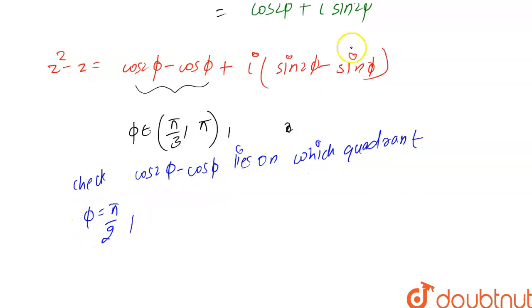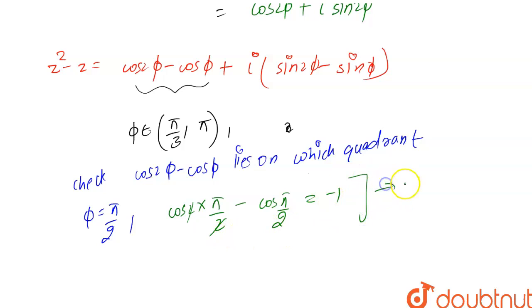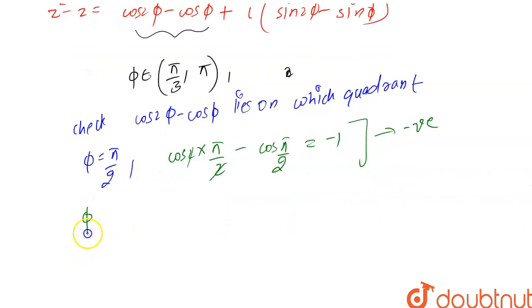When you put phi equal to pi by 2, cos 2 into pi by 2 becomes cos pi, and the other is cos pi by 2. Now cos pi is equal to minus 1 and cos pi by 2 is 0. So we get cos 2 phi minus cos phi as negative. Now let's check at pi by 2 sin 2 phi minus sin phi. So sin 2 into pi by 2 minus sin pi by 2.